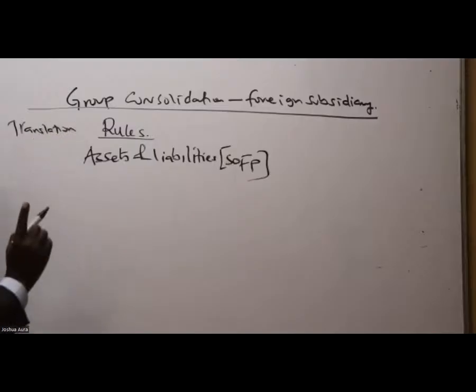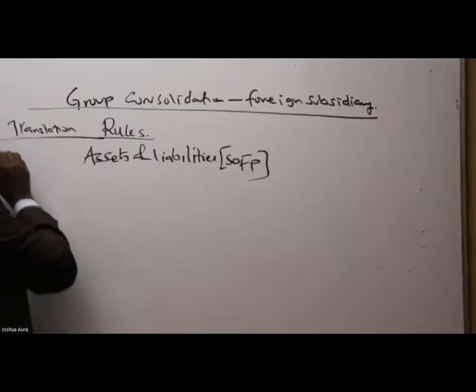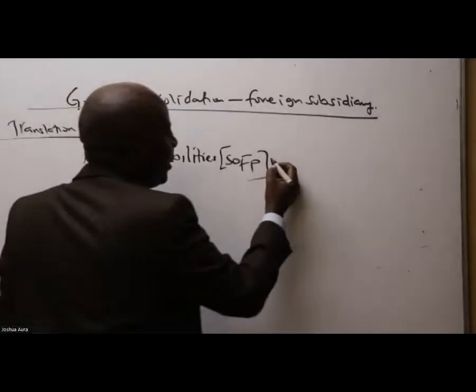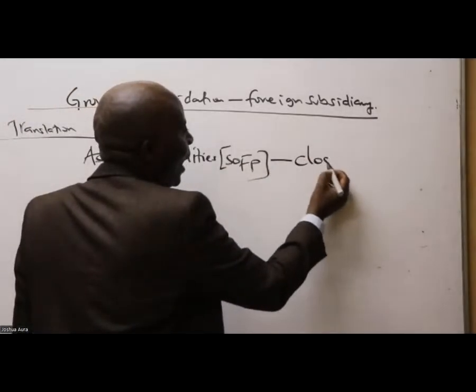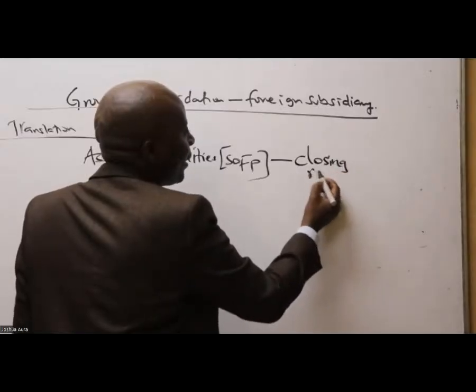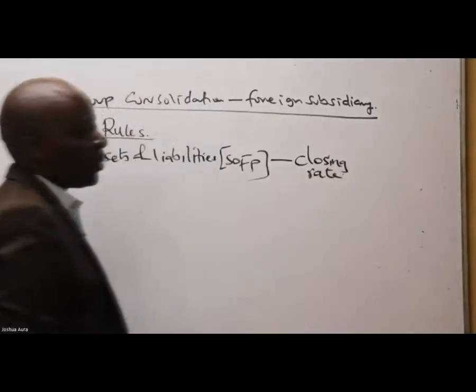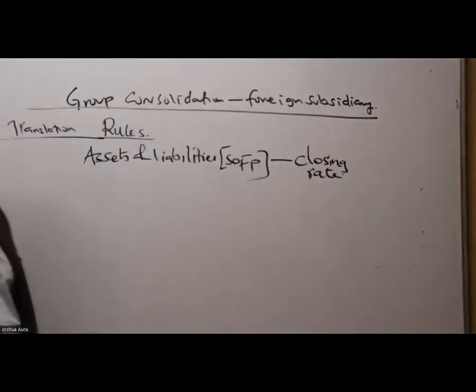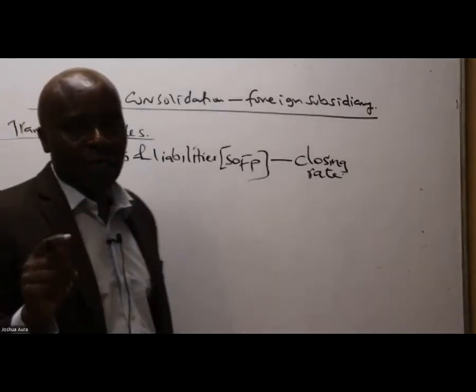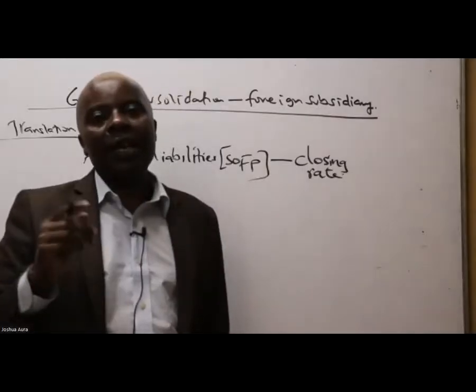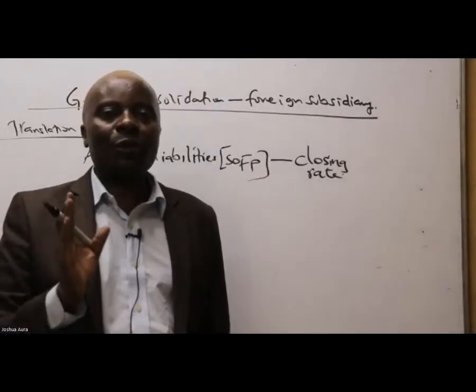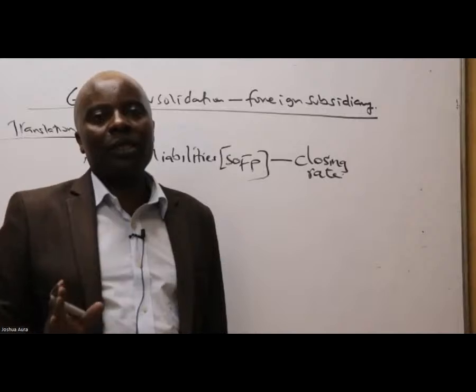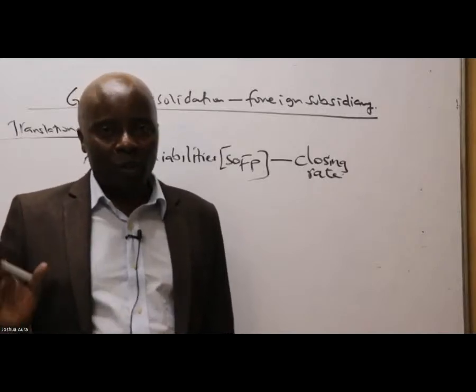So assets and liabilities, we shall always be translating them at the closing rate. Closing rate is the rate which exists at the end of the year, the financial reporting period. End of the year, closing rate.